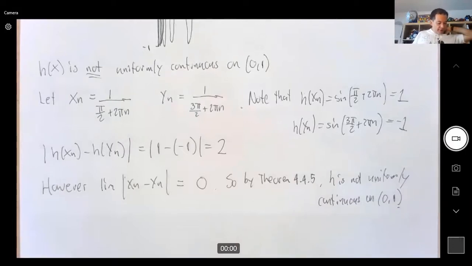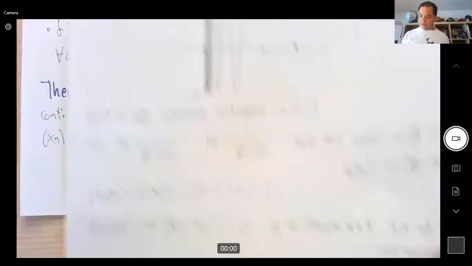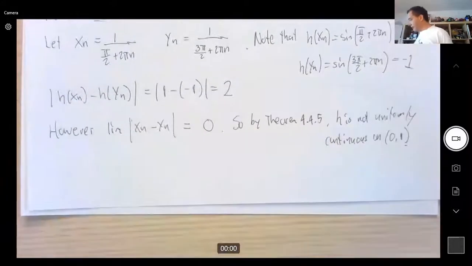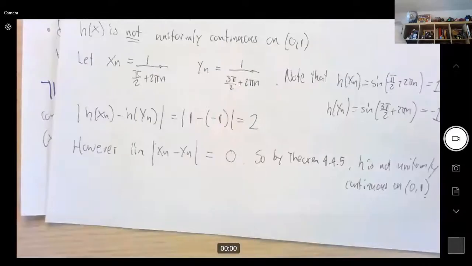Now, what about x squared, the one we had before? It doesn't have a specific numbering as an example, but let's go back to that one. So let's go to x squared.